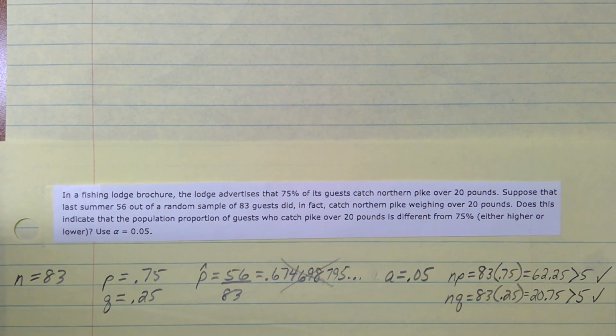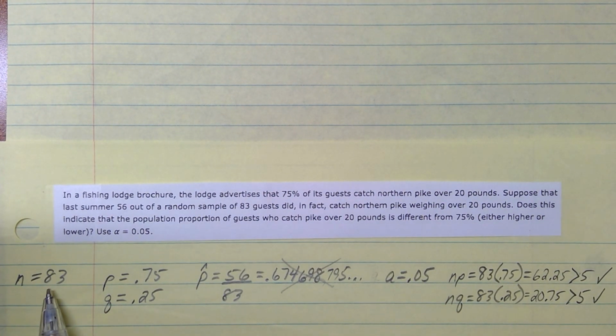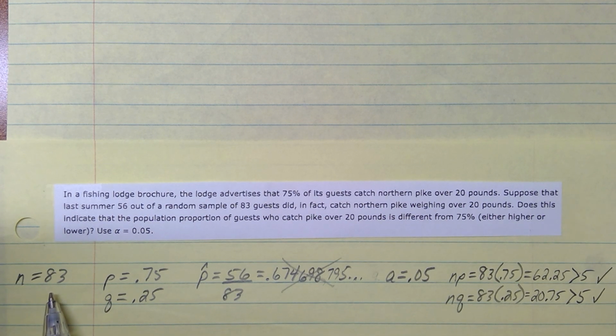All right, organize your data. We sampled 83 fishermen. The accepted belief is that 75% catch big fish, which means that 25% don't. Proportion of success, proportion of failure. P hat is my data, and I said out of 83, 56 caught a big fish. Now this is this nasty decimal here that goes on forever. Again, my recommendation is don't use a rounded decimal.